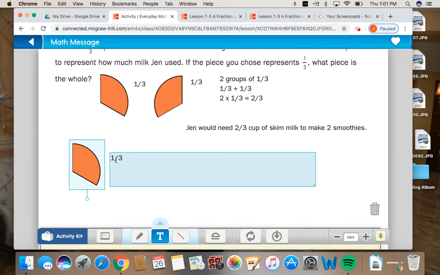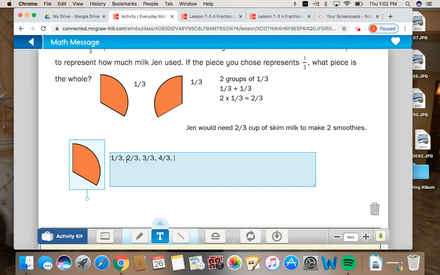But if I want to count multiples of my unit fraction, I would count multiples just like I would with whole numbers. If I wanted to count multiples of 5, I would start with 5, 5, 10, 15, 20, and so on. If I want to count multiples of 1/3, I have 1/3, 2/3, 3/3, 4/3.